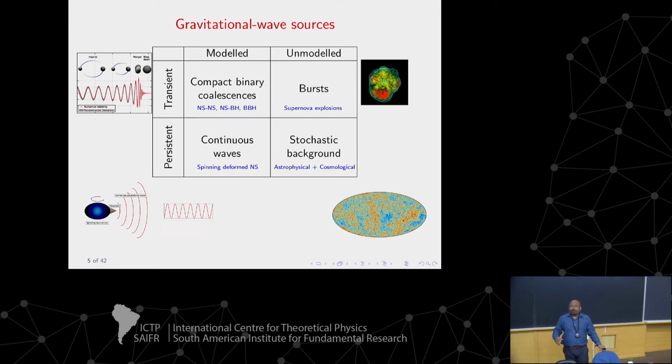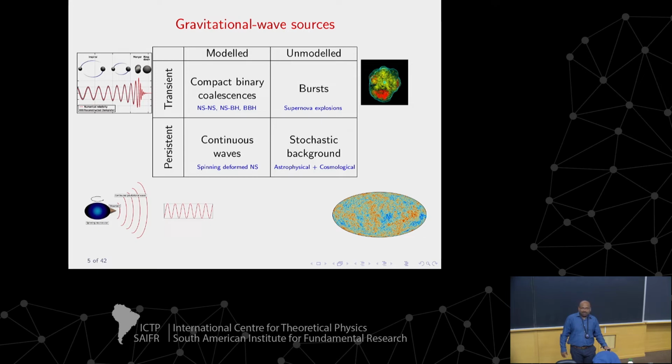They are compact binary coalescences, so mergers of binaries of black holes or neutron stars, which we have already detected. However, there are other sources which we also expect in this band, which we have not detected yet. These are bursts. So these would be explosions which are not really modeled, for example, explosions from core collapse supernovae.